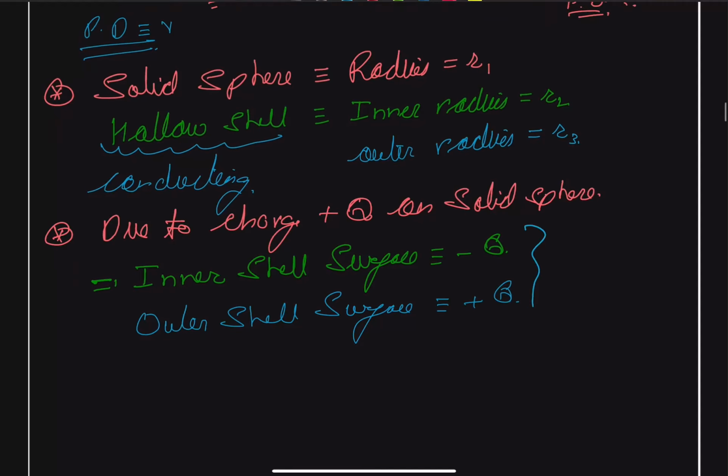But on the shell the total will be equal to 0. The initial potential difference is given as V, so let us calculate the value of this V.